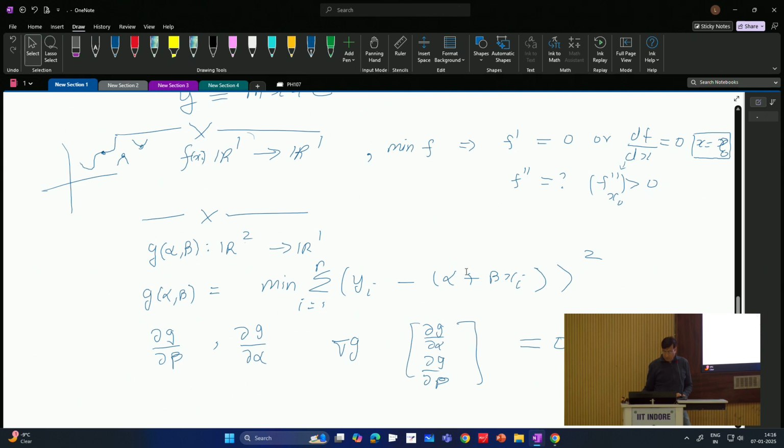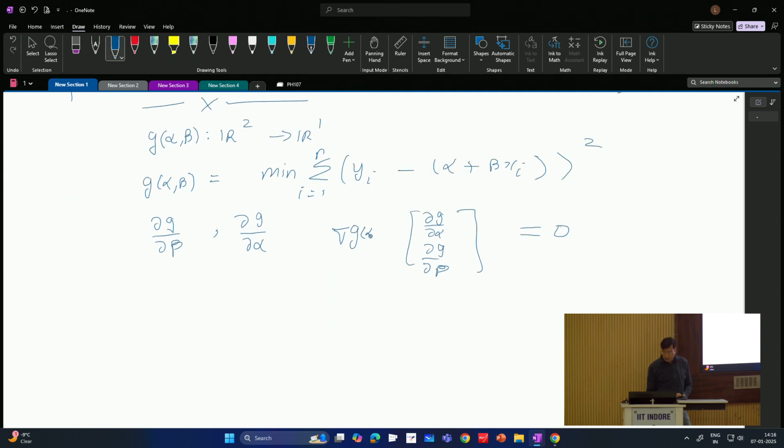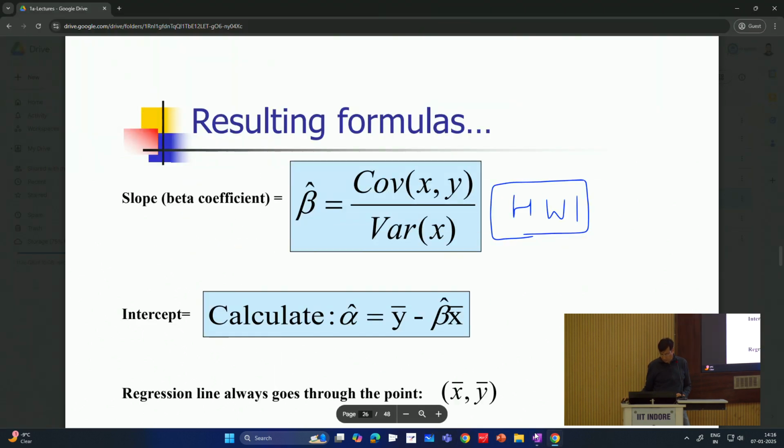So now coming back to our problem. For this problem, I took the gradient individually, made it equal to 0, and I was able to tell you that this ideal beta hat is covariance divided by variance. Beta hat is the covariance of x and y divided by the variance of x, and alpha is y minus beta x.